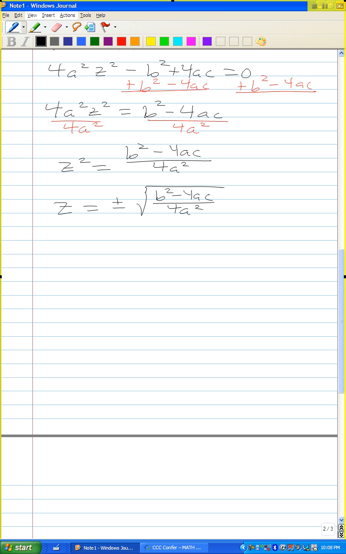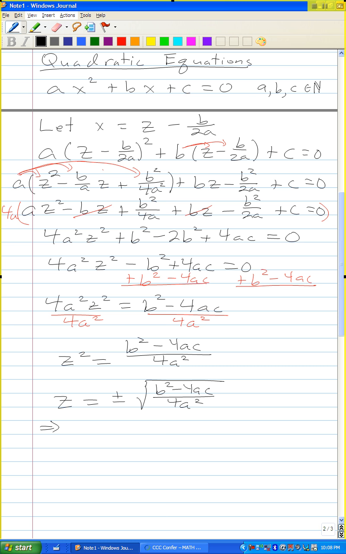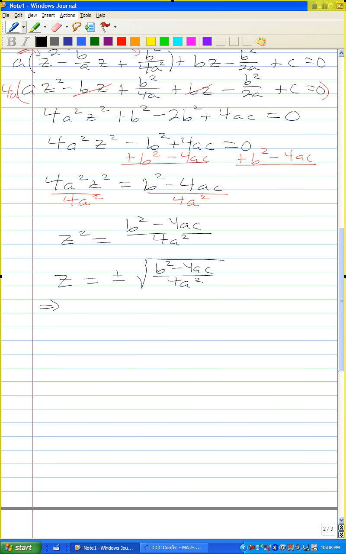Well, I can take the square root of the numerator and the denominator and use the fact that the square root of 4a squared is just 2a absolute value. So z is equal to plus or minus the square root of b squared minus 4ac all over 2a.